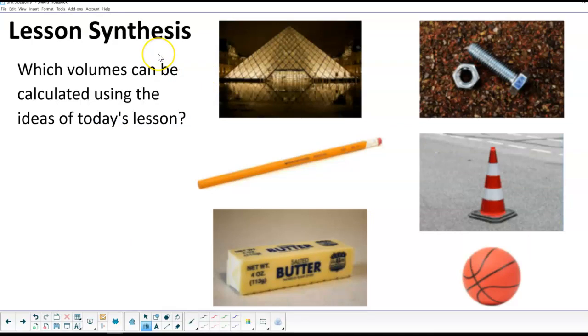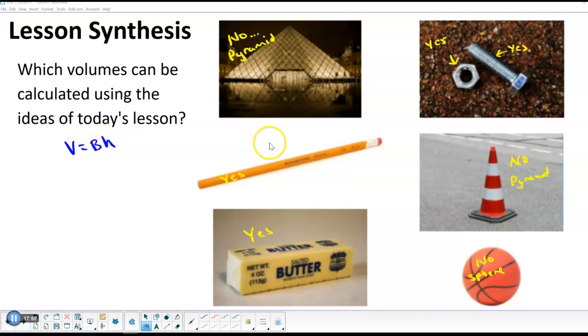All right, quick lesson synthesis. Which volumes can be calculated using the idea of today's lesson? Remember, the idea today is volume is the area of the base times the height. I'll give you a chance to think about that. All right, quick answer. No, this top one, it's a pyramid. Here, the nut and bolt, yes. Notice how the nut has two bases and a height.